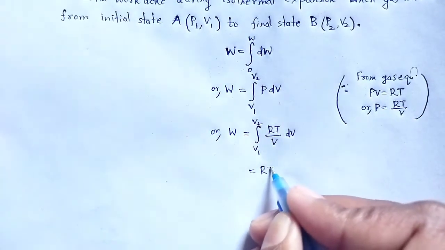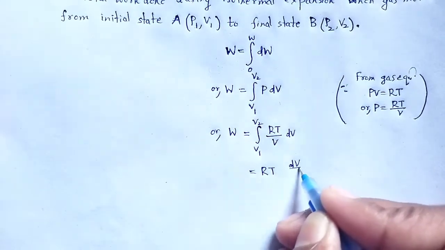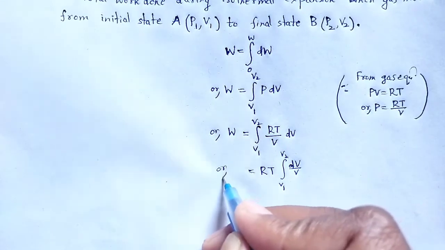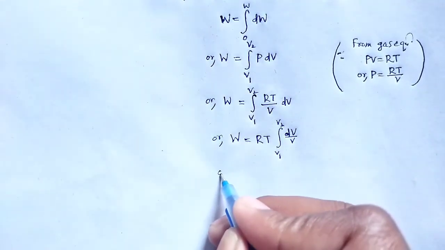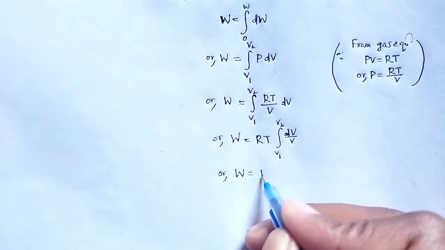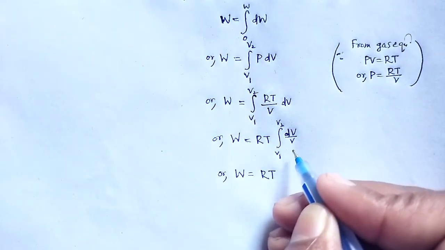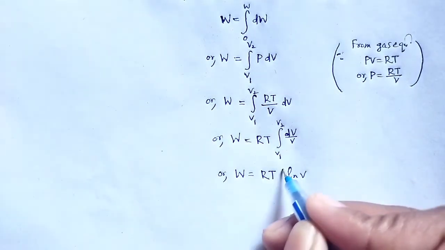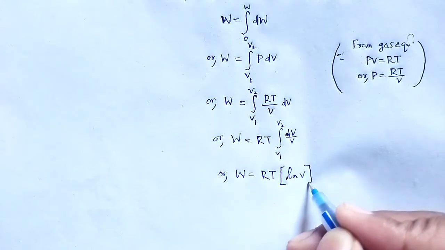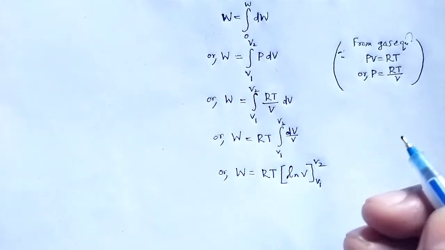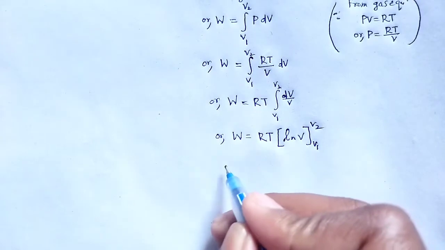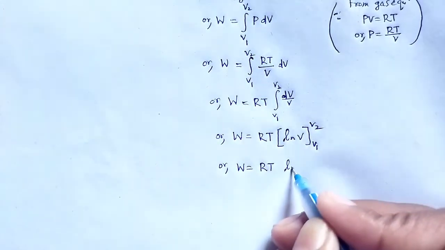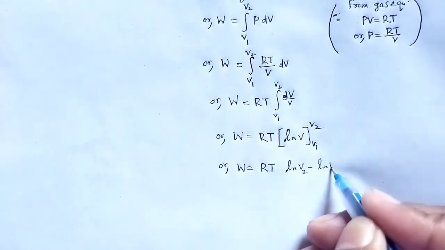So W is equal to RT integration from V1 to V2 of dV by V. The integration of dV by V is ln V, from V1 to V2. We take upper limit minus lower limit. So W is equal to RT (ln V2 minus ln V1).